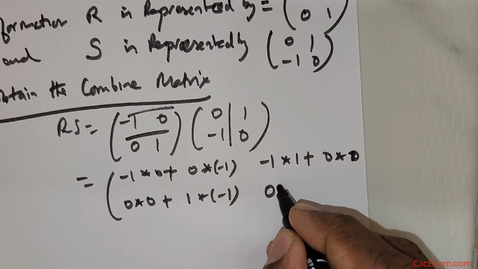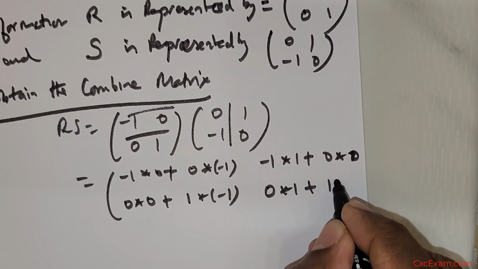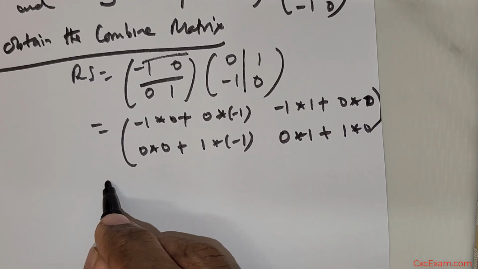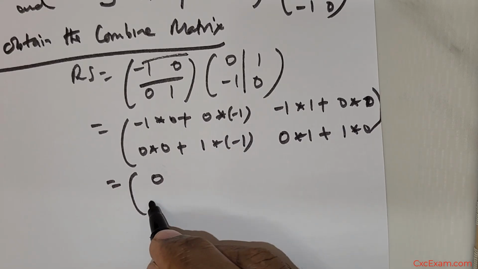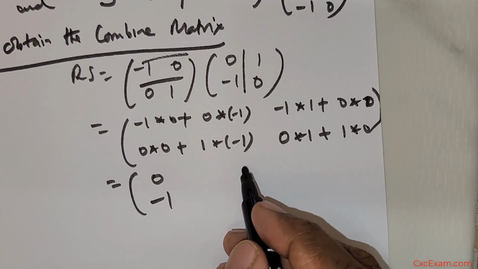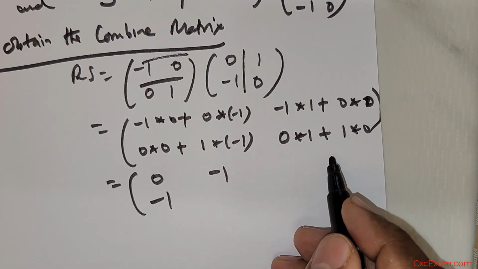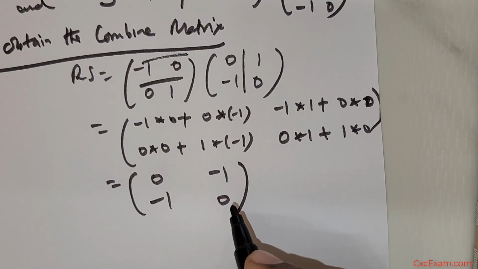Row into column. So 0 into 1, positive 1 into 0. So this will give you 0, this will give you negative 1, this will give you negative 1, this will give you 0. So this is the combination for the matrix.